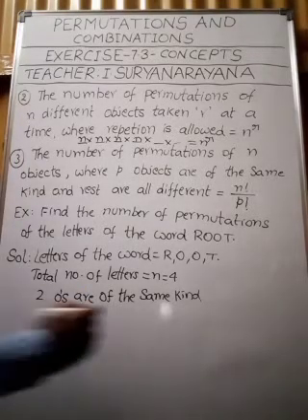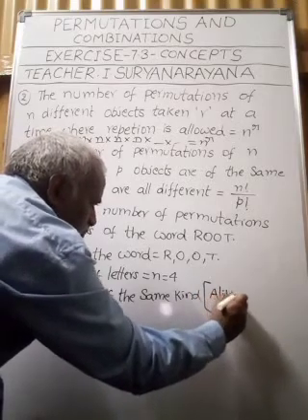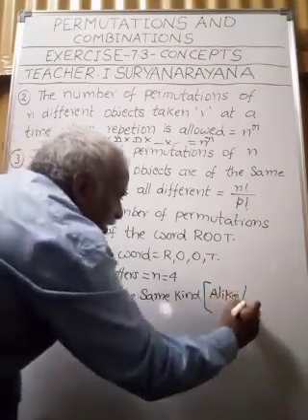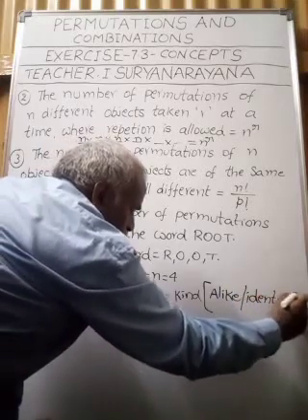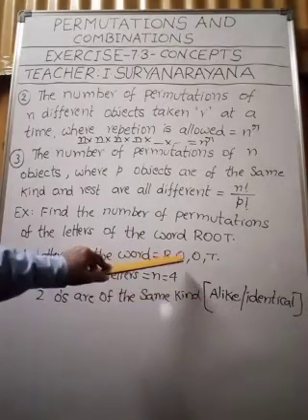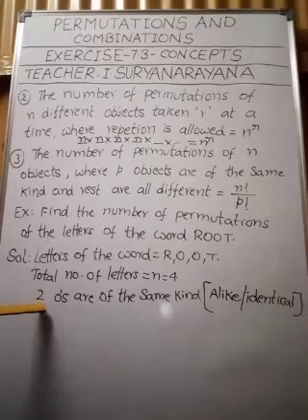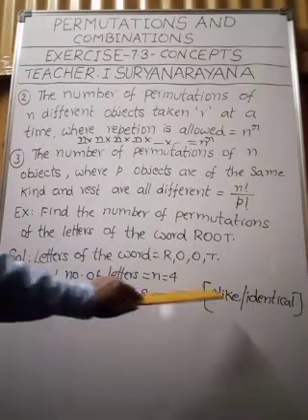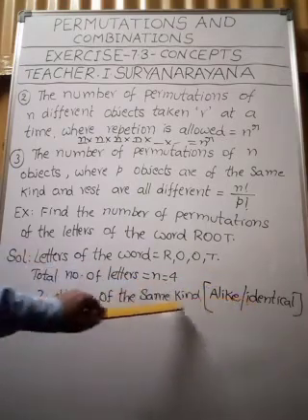They are alike, or identical. How many letters are identical? 2 letters are identical. We can say 2 letters are alike or 2 letters are of the same kind.